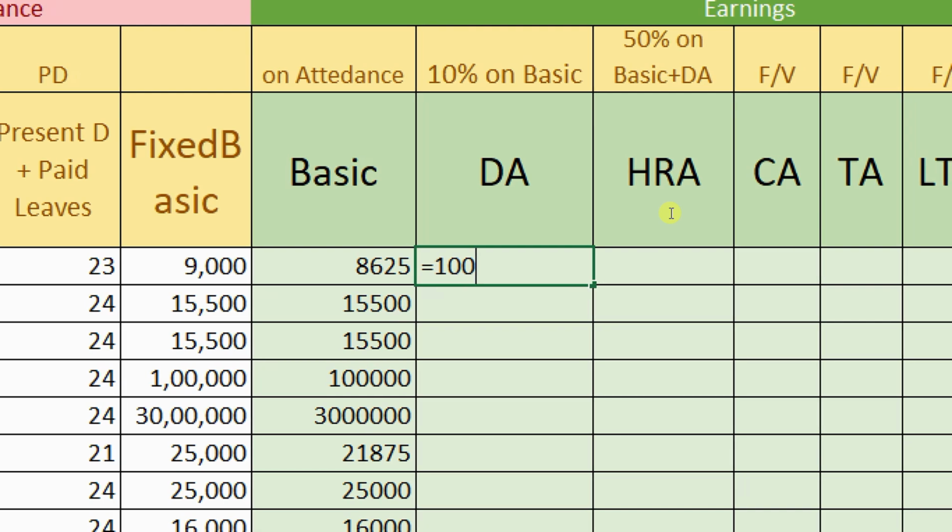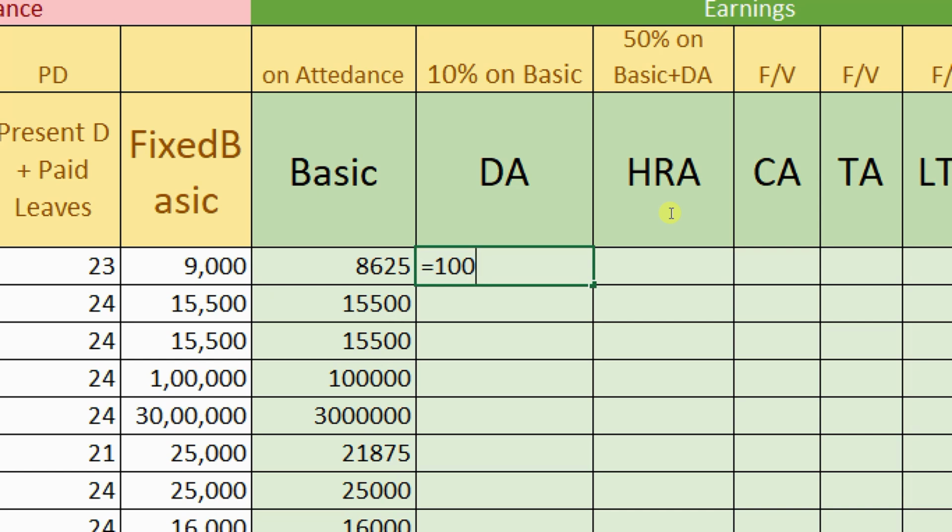So when they add 100% DA, it becomes 9,000 basic and 9,000 DA. Then it is mandatory for governments to add DA into basic salary. When the DA crosses the basic, DA will be added into the basic directly. Up to that point it is okay.